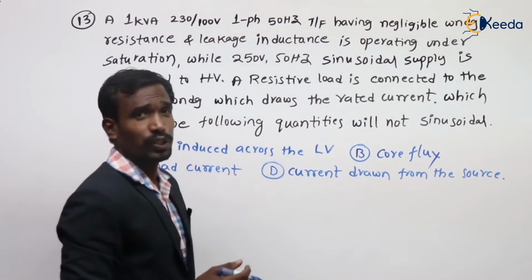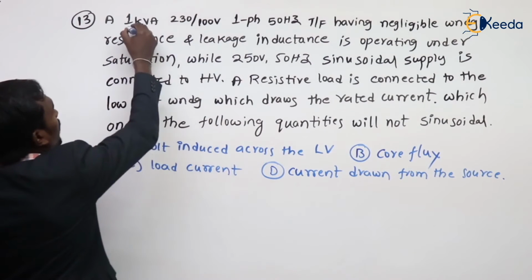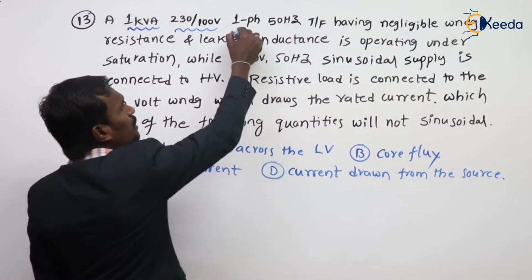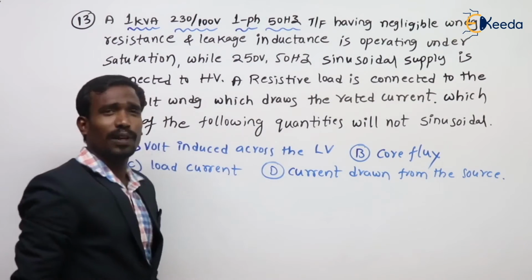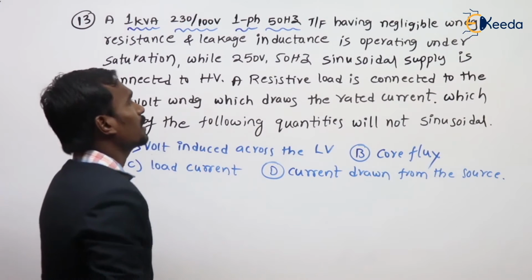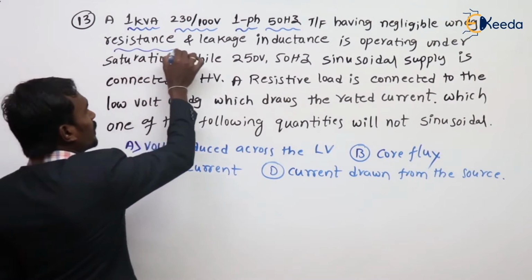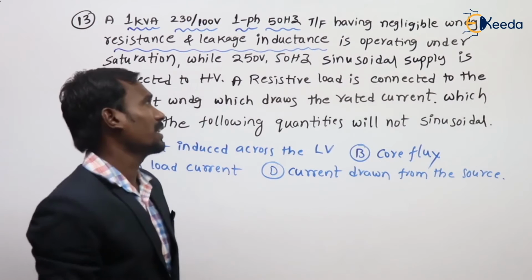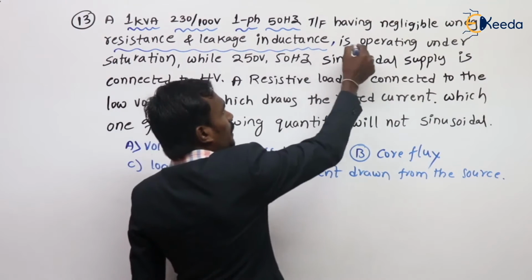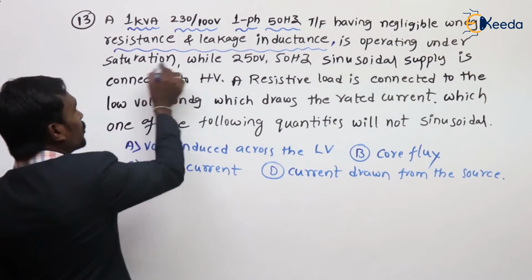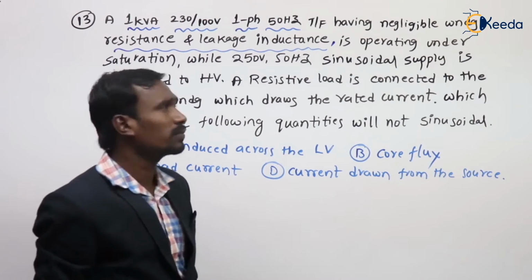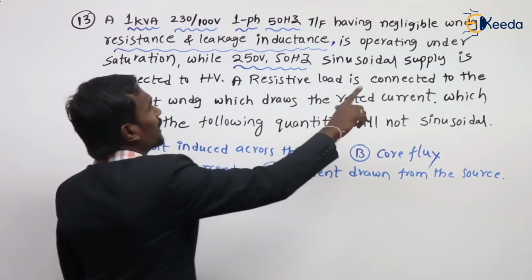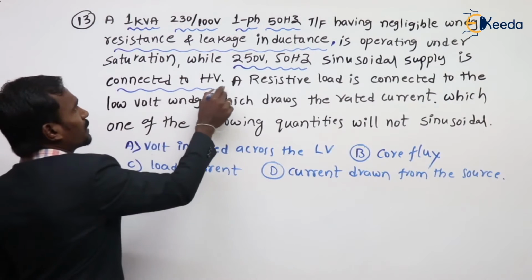In this video, see this question. A 1 kVA, 230 by 100 volts, single phase, 50 Hz transformer having negligible winding resistance and leakage inductance is operating under saturation, while a 250 volts, 50 Hz sinusoidal supply is connected to the HV side.